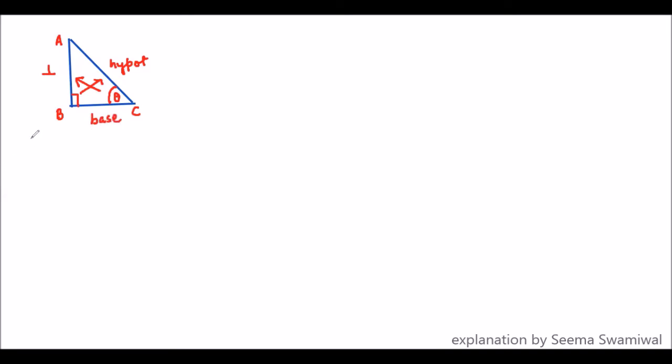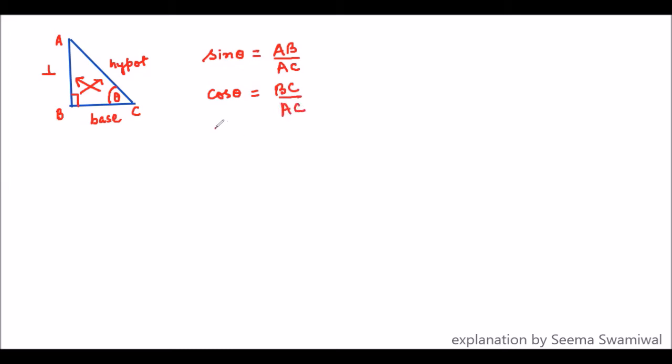So children, if I want you to write down sine theta, for this particular triangle you will write sine theta is equal to perpendicular upon hypot, so it will be AB upon AC. Or if you are writing cos theta, you will write base upon hypot, therefore it will be BC upon AC.